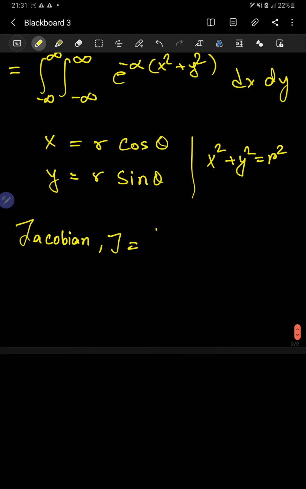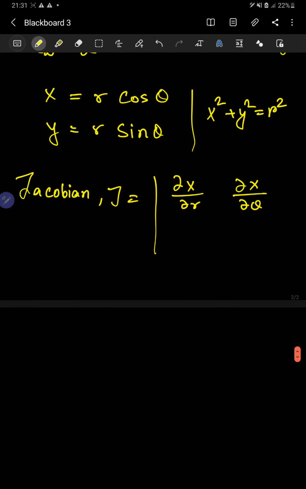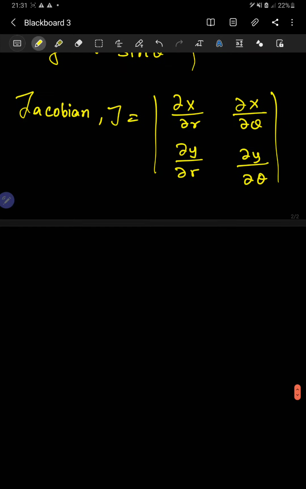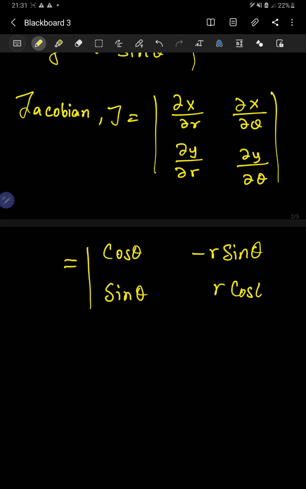So the Jacobian in this case is r. We are using the Jacobian because this will prove very fruitful in our multidimensional case, and we'll often use it in random matrix theory to change between variables. So it's very handy if we are comfortable with Jacobians. It's the determinant of these. If we take the derivatives, it's something like this. Cosine theta.